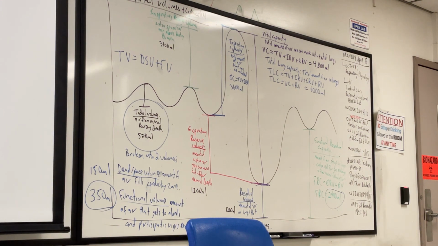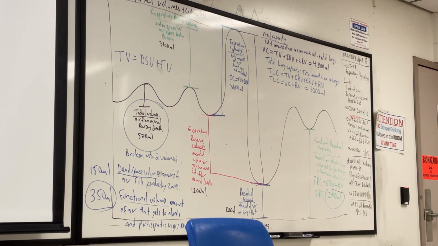All right? I've done an amazing job of doing this on the board. Your book's got the great table that does a good job of both defining these for us and also giving us averages. But again, the numbers aren't what's important. What's important is the equations.